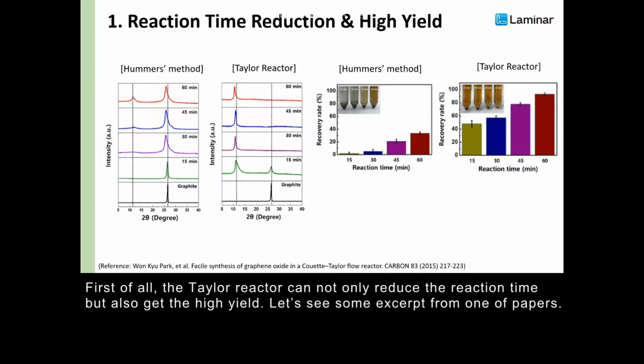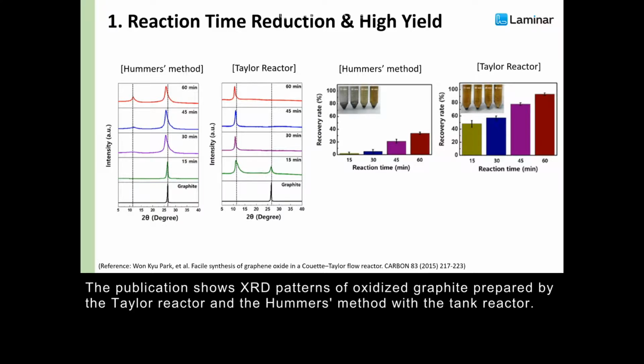Let's see some excerpts from one of the papers. The publication shows XRD dependence of oxidized graphite prepared by the Taylor reactor, and by the Hummers method with the tank reactor.